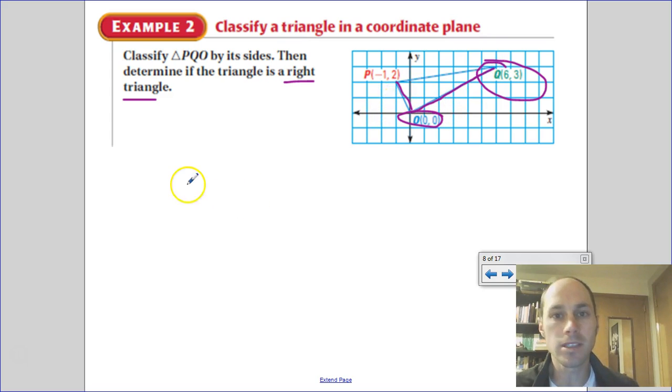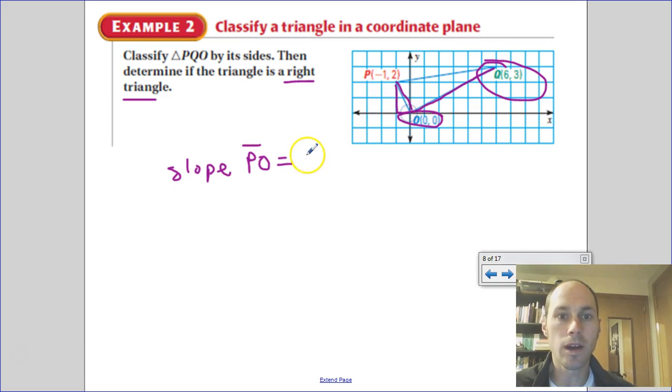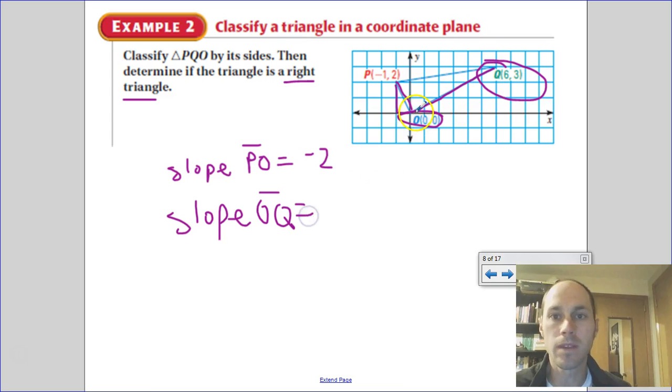So I can compare the slopes. The slope of line PO is down 2 over 1. And the slope of the other line, line OQ, goes up, over 1, 2, 3, 4, 5, 6, up 3.